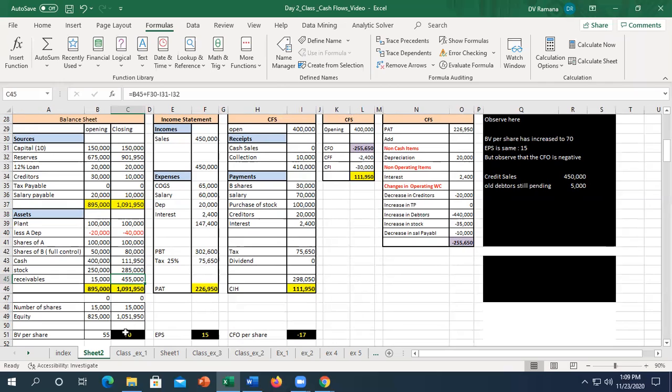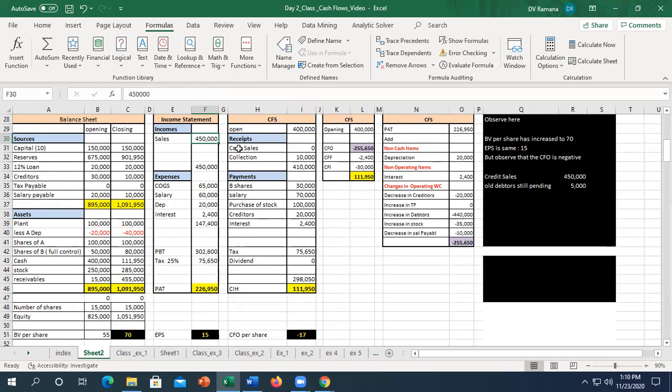So even if the book value has gone up from 55 to 70, one needs to be careful about this company because the company is not able to convert the profit into CFO. And moreover, the CFO is negative here. That is more a worrisome factor. If a company consistently has negative CFO, then it is sending a signal that the company is selling goods on credit and is not able to collect the money from the debtors.